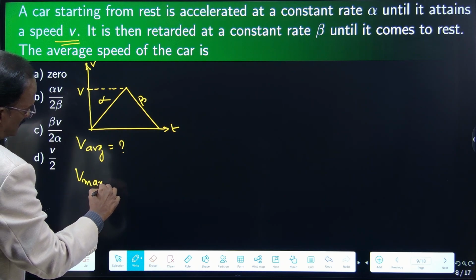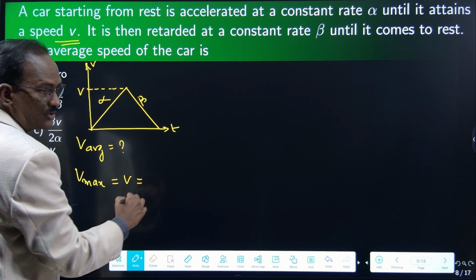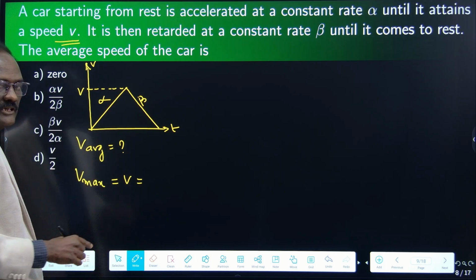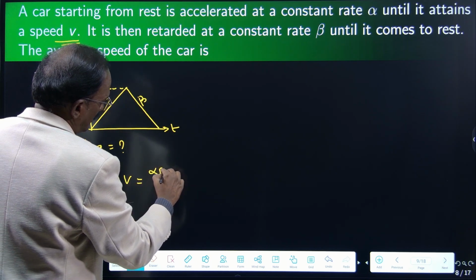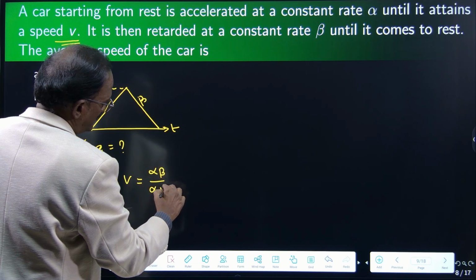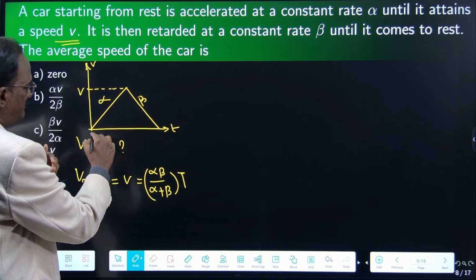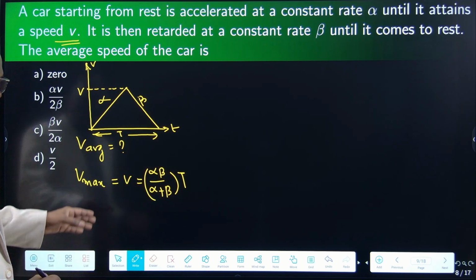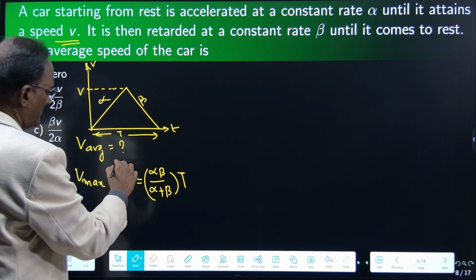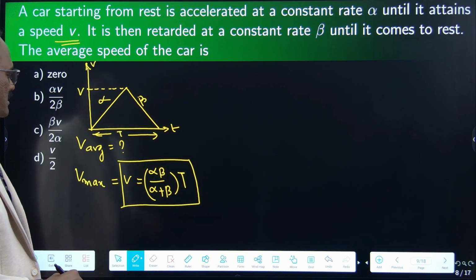Vmax is given as V is equal to U is 0, initial velocity, combined acceleration alpha beta divided by alpha plus beta, into t, total time. So V is equal to alpha beta divided by alpha plus beta into t.